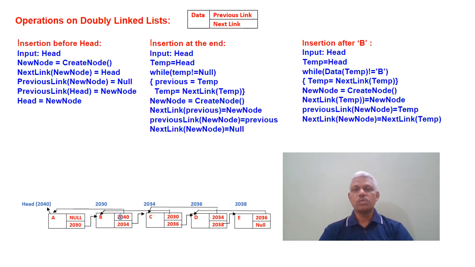Once we reach there, we create a new node, and this node has to be in between the existing nodes. So for that, next link of temp is taken as new node, and previous link of new node is taken as temp, and next link of new node is taken as next link of temp, so that this will be added in between the existing nodes after B.